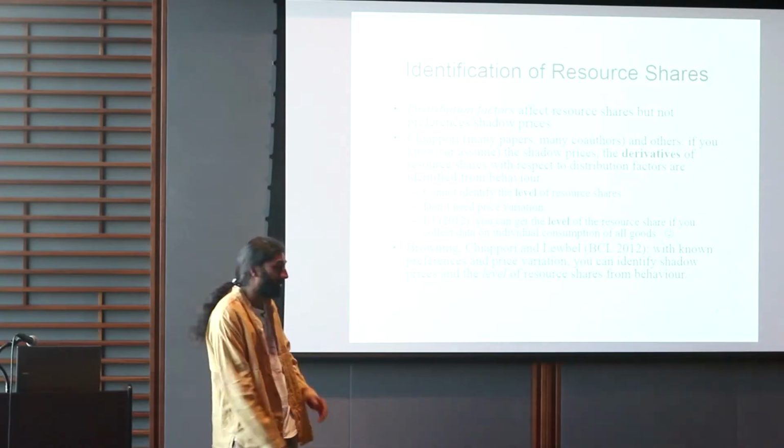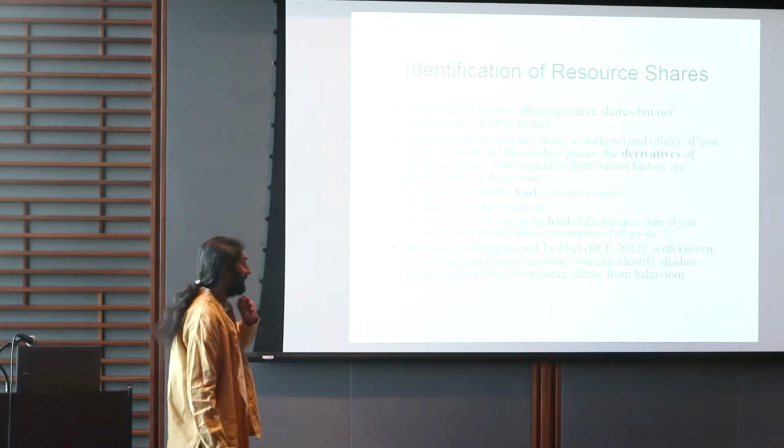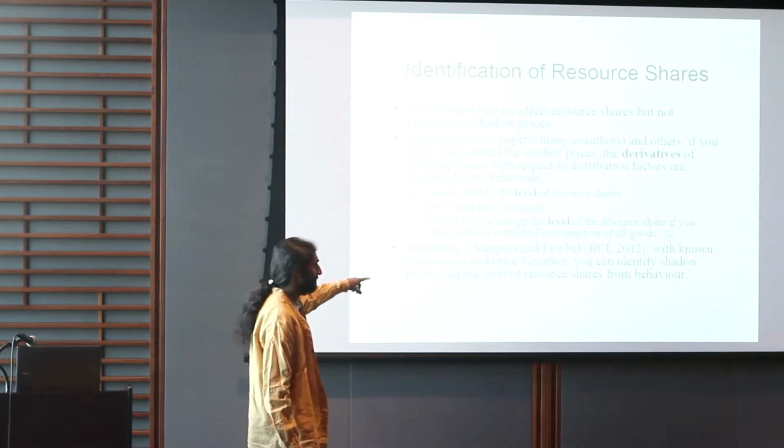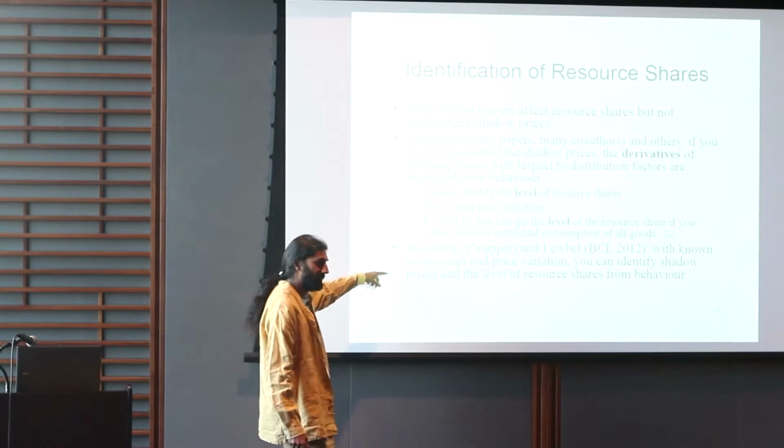So the BCL model, with known preferences and with observed price variation, is a model in which you know the functional forms, or know them up to parameters. I just wonder what you mean by known preferences. This is a non-parametric identification result.